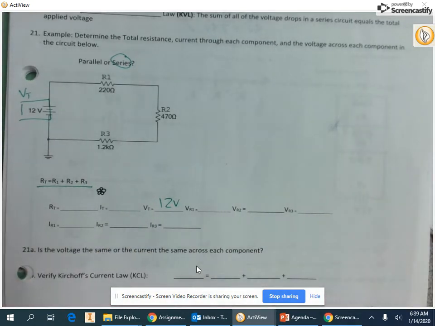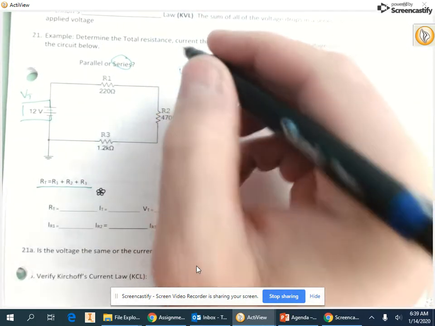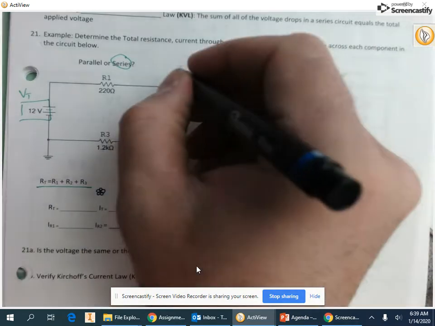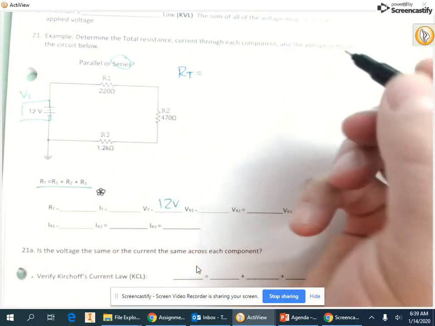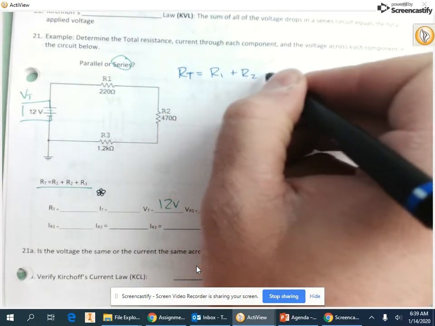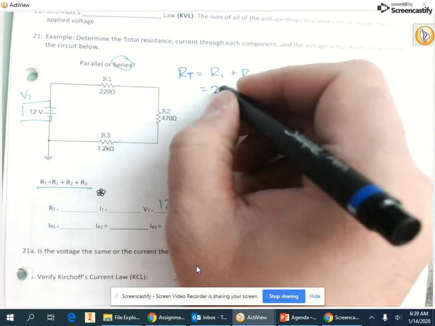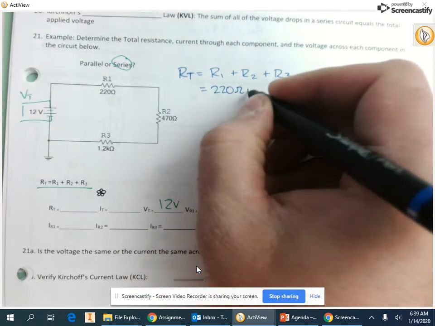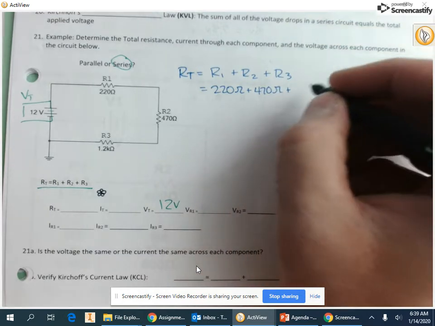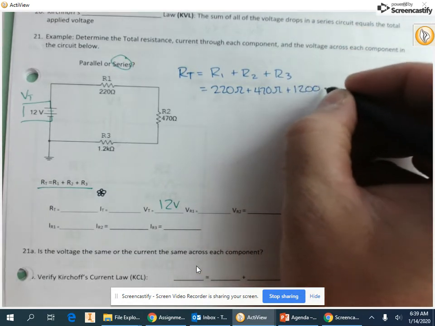My formula for total resistance is right here, and I'm going to solve for that by simply adding together the resistor 1 plus the resistor 2 plus the resistor 3 value. So 220 ohms plus 470 ohms plus 1.2 kilo ohms, or 1200 ohms.